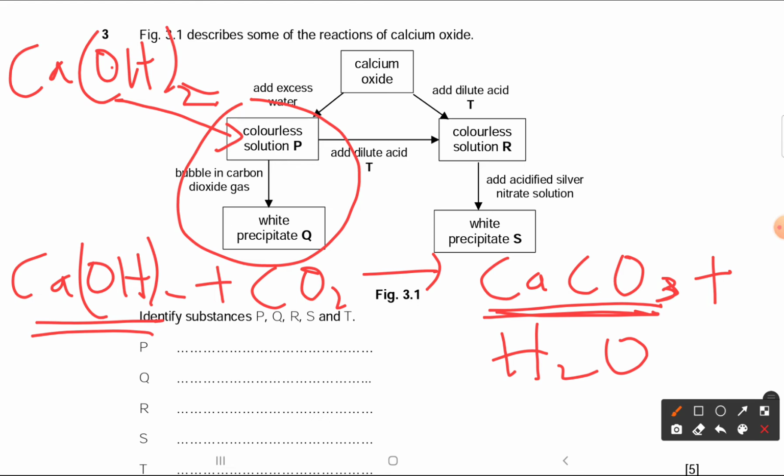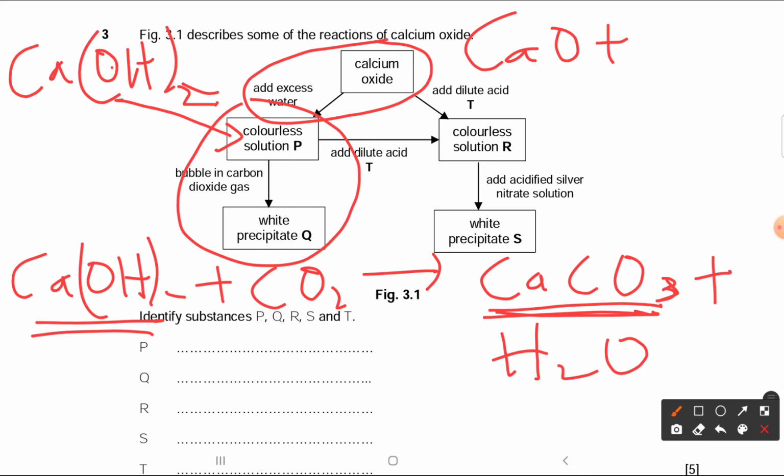And one thing to take note is that whenever you have a metal oxide, you add water, most of the time you get metal hydroxide, which in this case, calcium oxide reacts with water. So the chemical equation is like this.